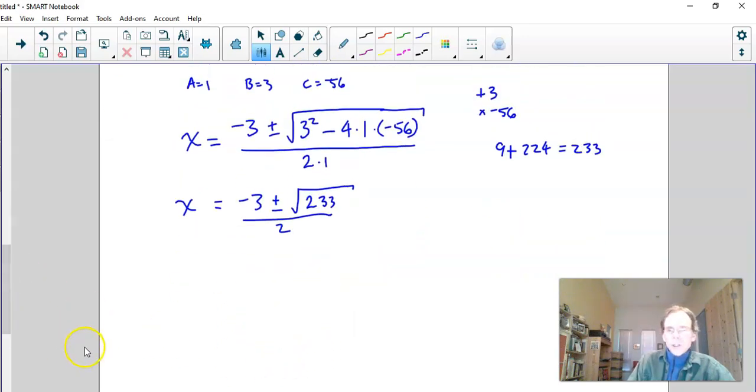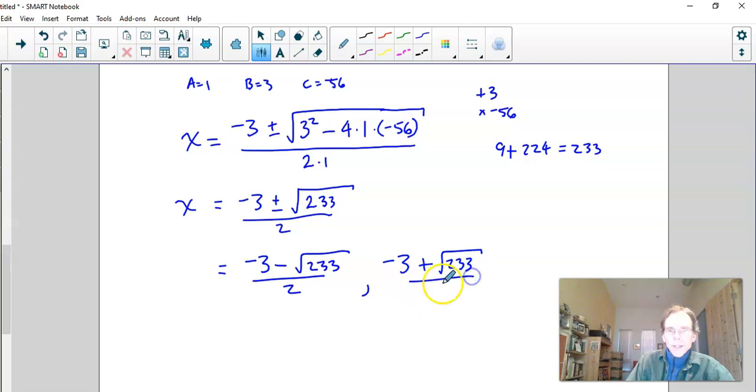Now this is actually two numbers here. Let's write them separately so we can see each one. We'd have negative 3 minus the square root of 233 divided by 2, and then the other one would be the addition of those terms on top. All right.